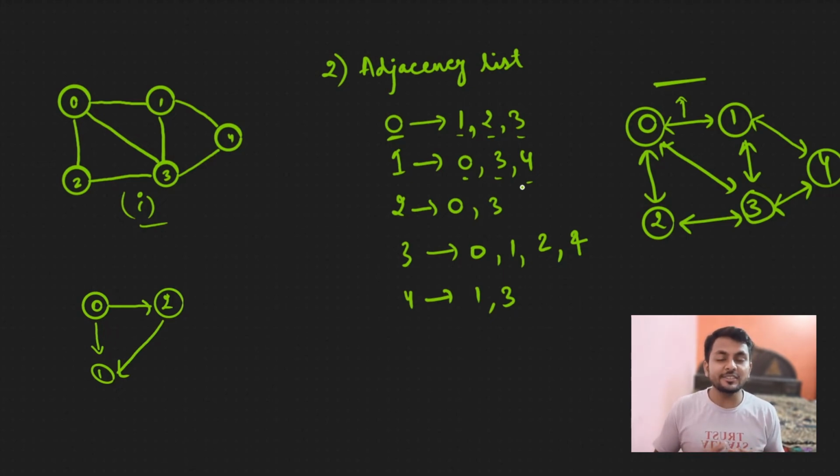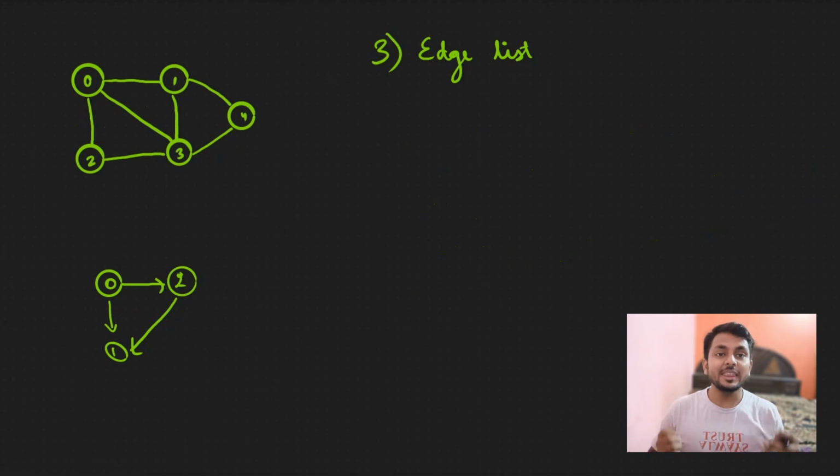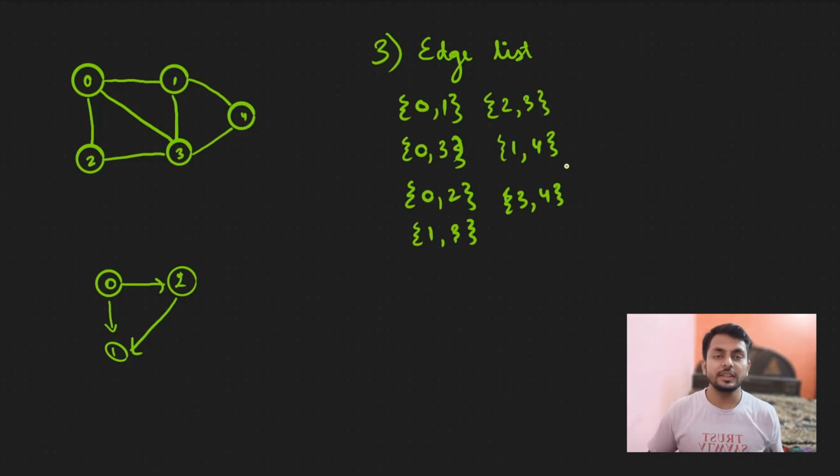Now let's understand how to represent a graph with the help of an edge list. As the name suggests, it is a list of all the edges. This is an undirected graph, and for the undirected graph we are going to use unordered pairs. So what will the edge list of this graph be? And what will the edge list of our directed graph be?